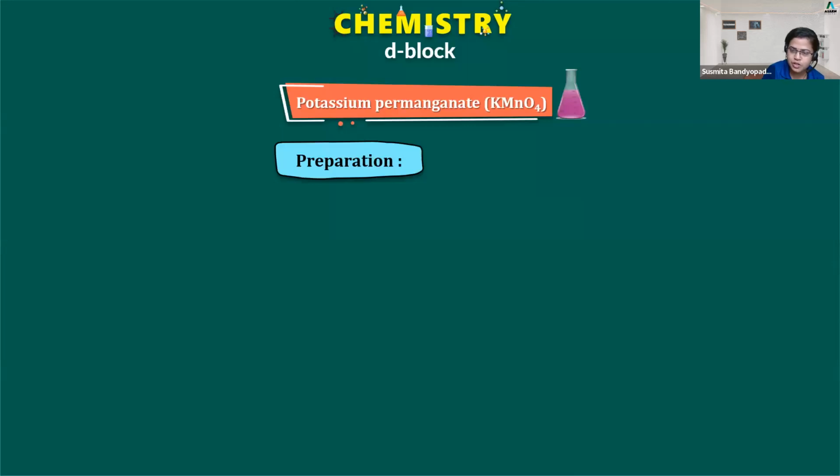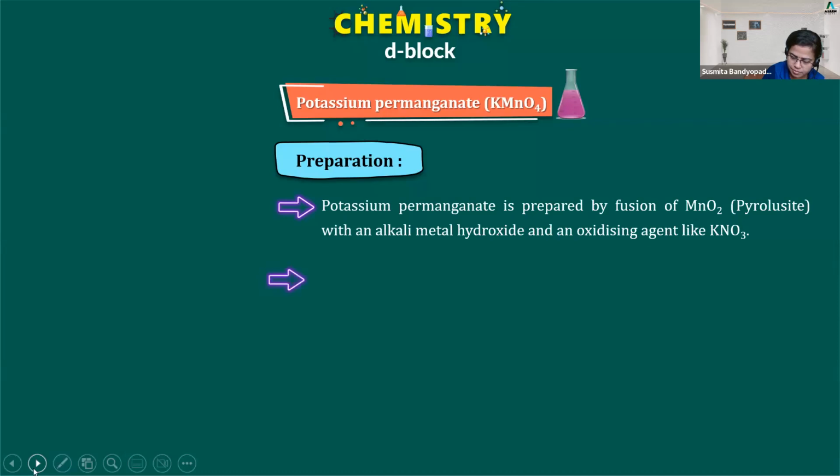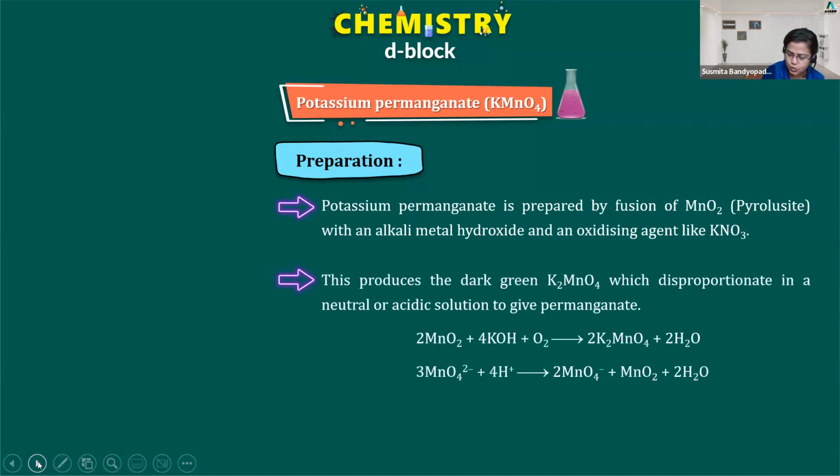Let's talk about the preparation of KMnO4. Pyrolusite, MnO2, when it's fused with an alkali in the presence of O2, gives us potassium manganate. Pyrolusite, MnO2, is treated with an alkali metal hydroxide, KOH, NaOH, anything will do, and an oxidizing agent like KNO3.